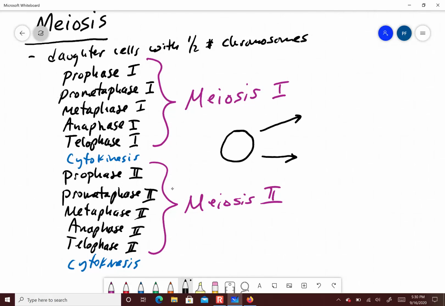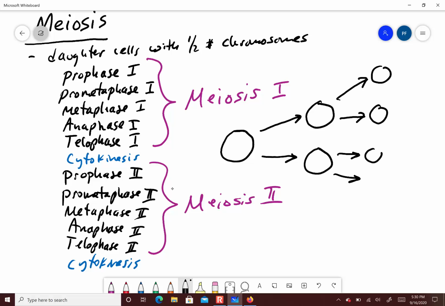this is our picture. That's our first cytokinesis. Then a second cytokinesis makes 4 cells. Right, so this is meiosis 1. And then the second set of arrows is going to represent meiosis 2.